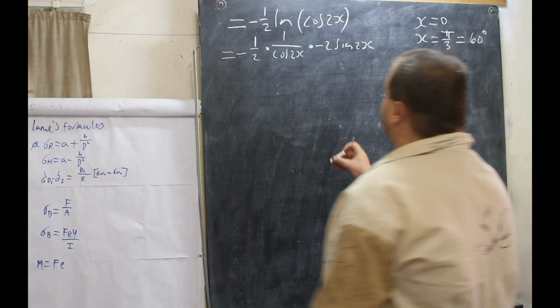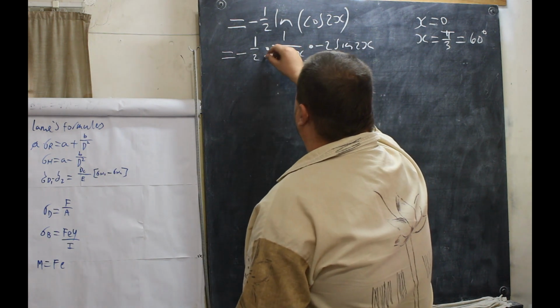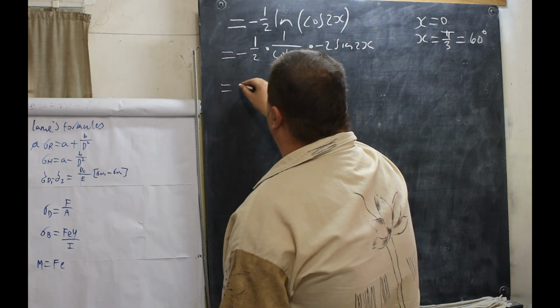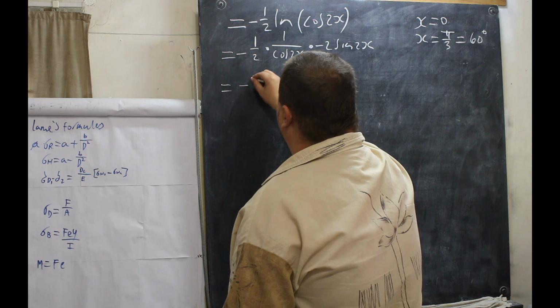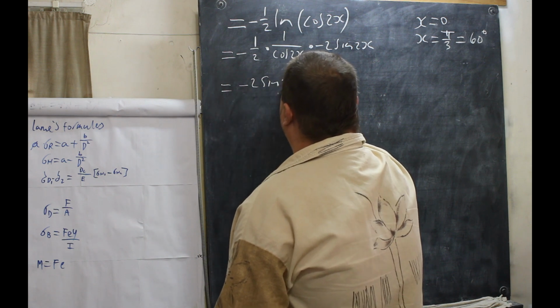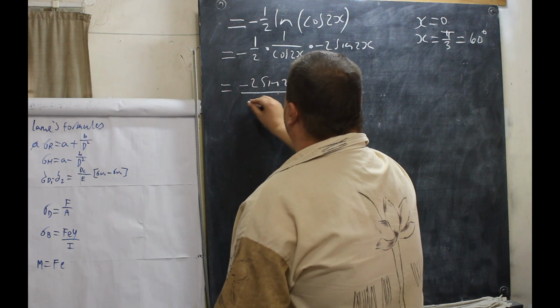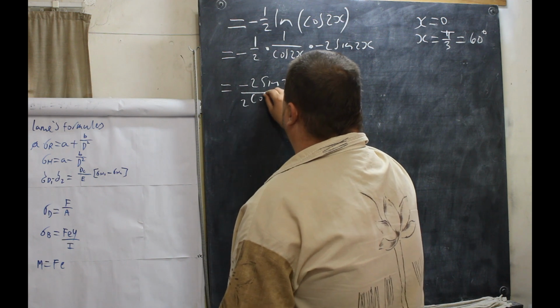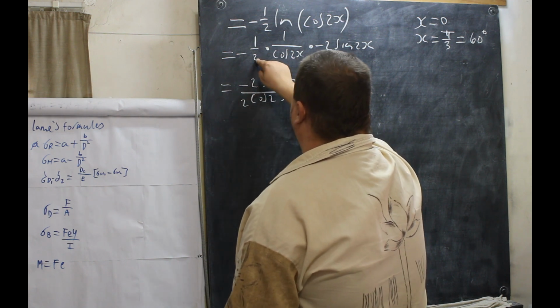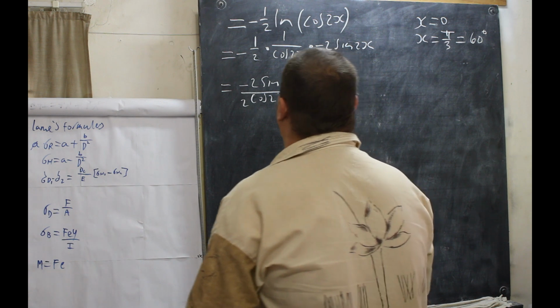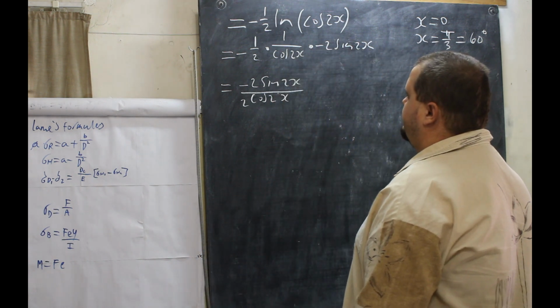Now what we're going to do is put this all together, equals minus 2 sine 2x over 2 cos 2x, because I just took the half and multiplied it with 1 over cos 2x.